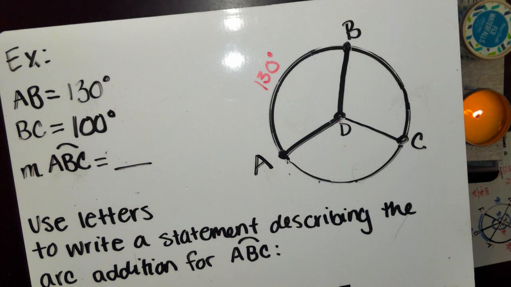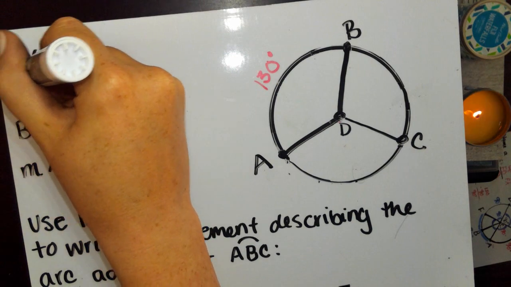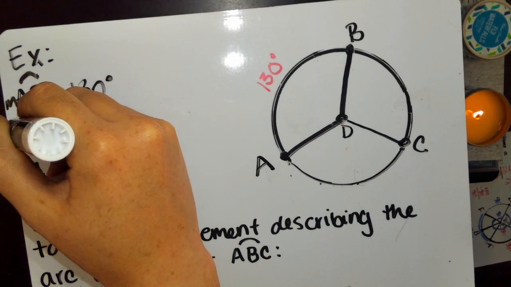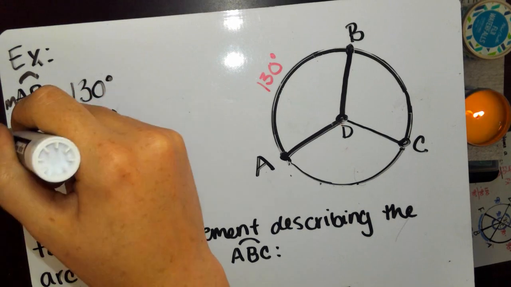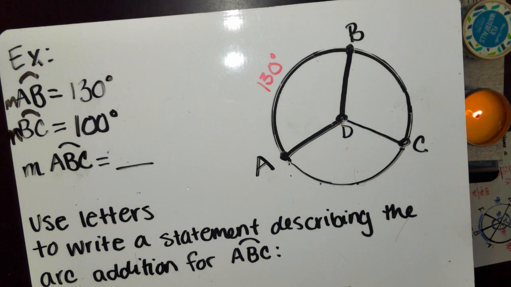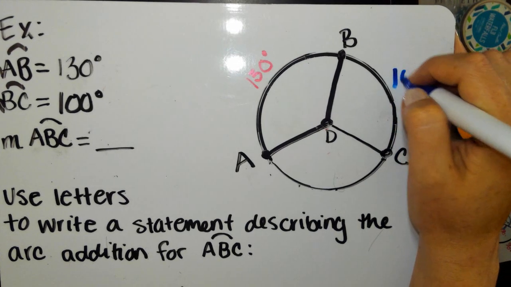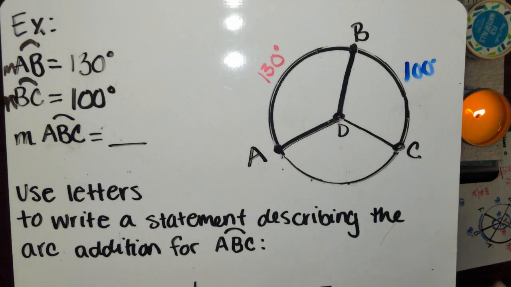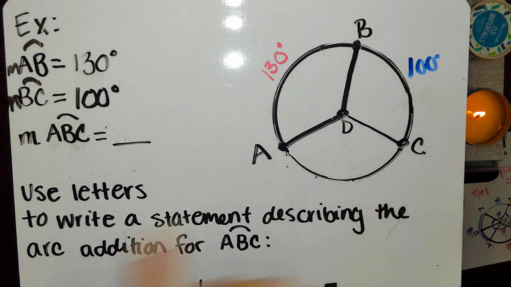We need to put these arcs and M for measure. So the measure of arc AB is 130. The measure of arc BC is 100. And it wants us to know the measure of arc ABC, so from here all the way to here.